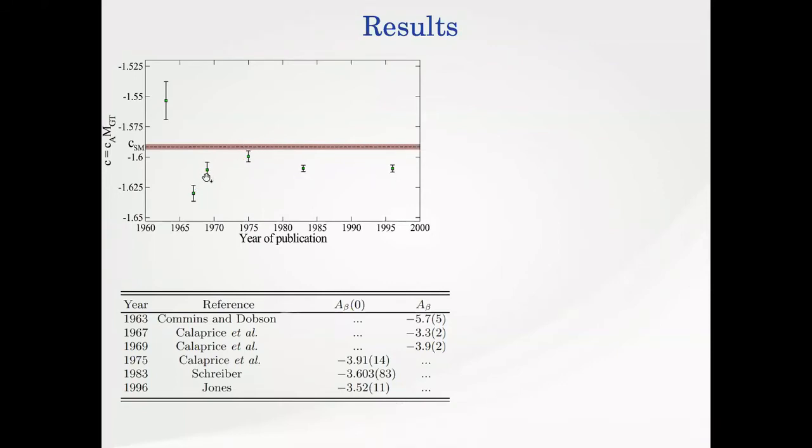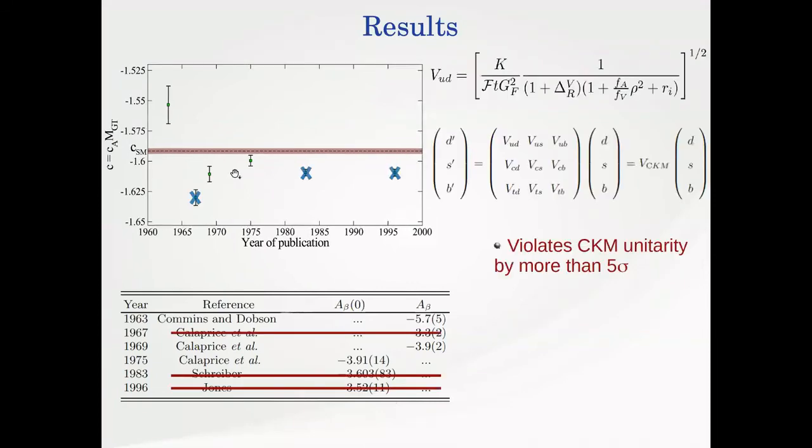Does that mean there are right-handed currents? We don't think so. If we use our branching ratio measurement to get a Gamow-Teller to Fermi mixing prediction and use that to get V_ud, the up-down matrix element of the CKM matrix, which is supposed to be unitary, then if we use these three numbers, we disagree with unitarity by more than 5 sigma.